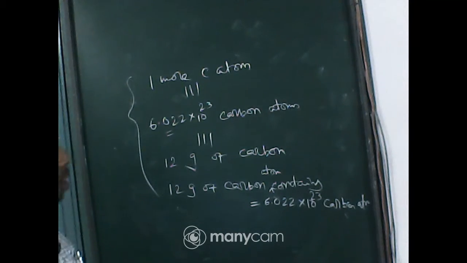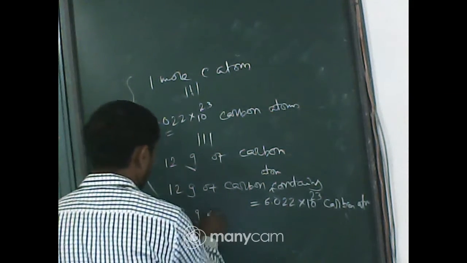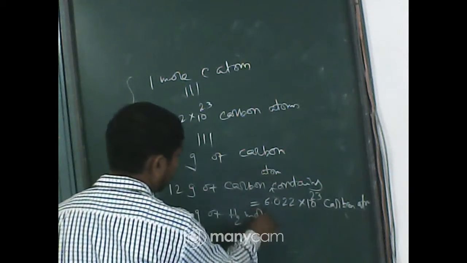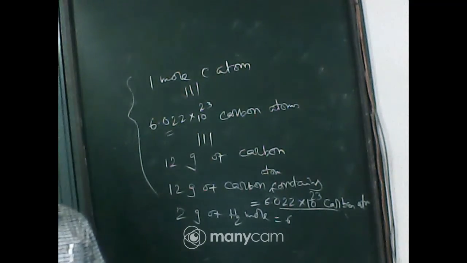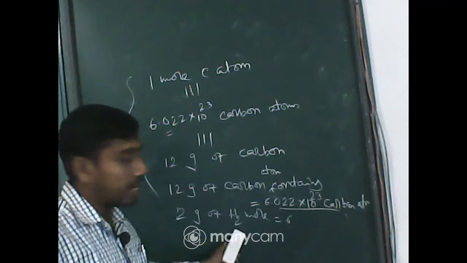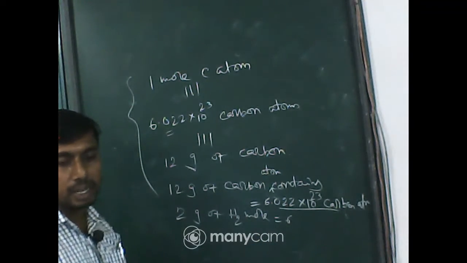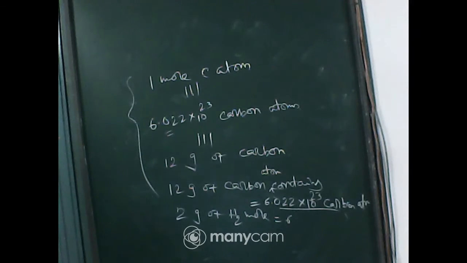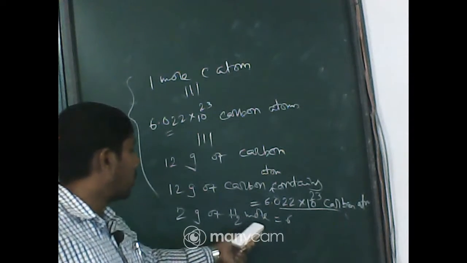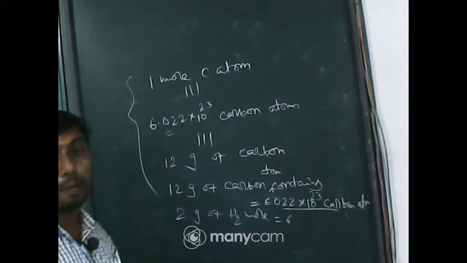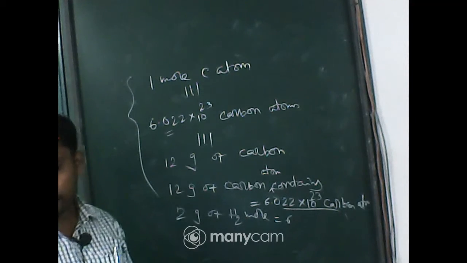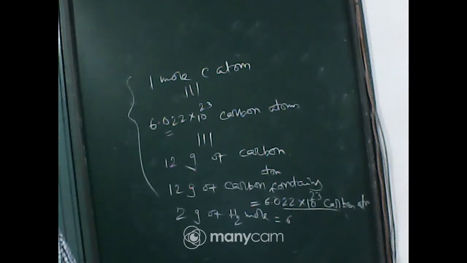But if it were molecules, then 2 gram of hydrogen contains 6.022 × 10^23 hydrogen molecules. So 1 gram of hydrogen atoms is equal to the same number, that is Avogadro's number, and when it is a mole, 2 gram of hydrogen equals 1 mole of hydrogen containing 6.022 × 10^23 hydrogen molecules. Okay. So this is about the mole concept.